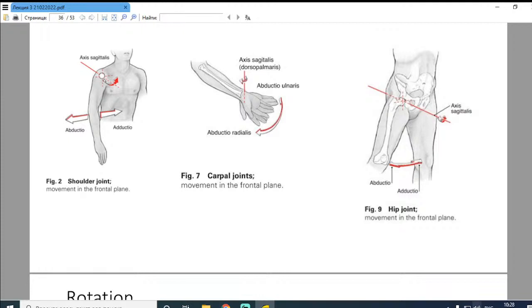Next, hip joint, movement in the frontal plane. You see adductor and abductor. Movement in the frontal plane.